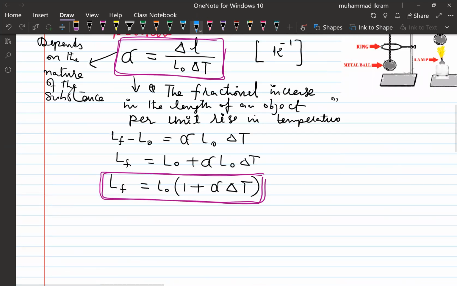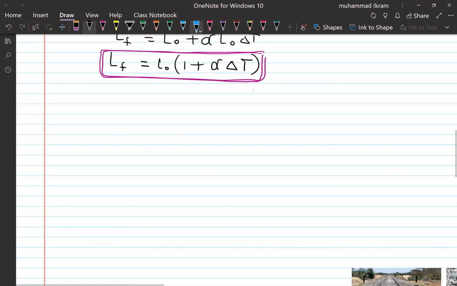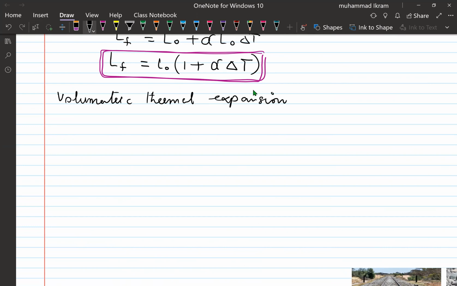Now, what is the volumetric thermal expansion? The volumetric thermal expansion is in no way different from the linear thermal expansion, just that it is the apparent increase in the volume of an object due to heating.